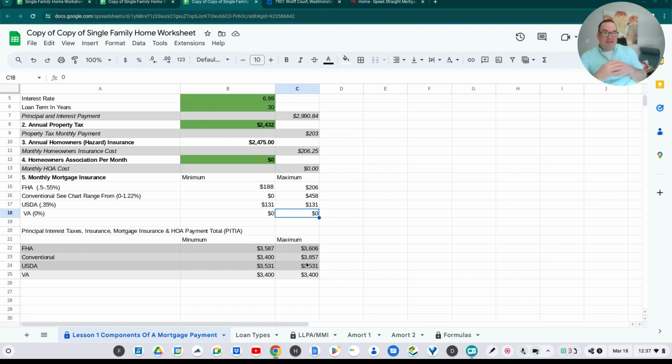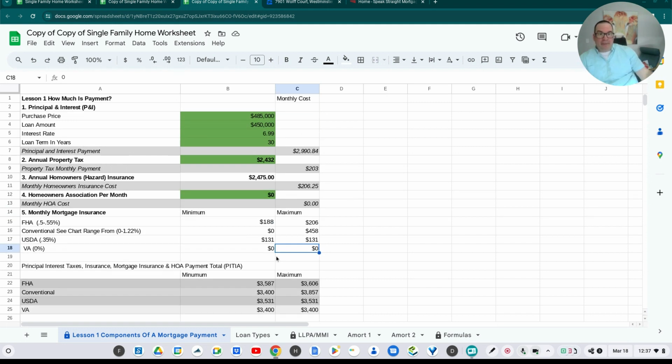So there's a big range depending on mortgage insurance, and we're going to break down in the next video what impacts that. Anyway, this is the first part. We're just giving you a basic overview of the components of a mortgage payment, which again are principal and interest, property tax, homeowners insurance, homeowners association, and monthly mortgage insurance if you're not putting 20% down.